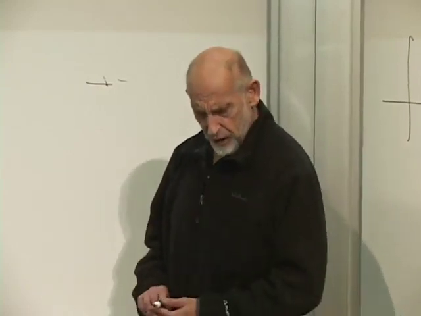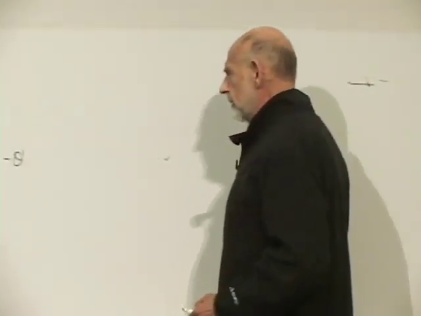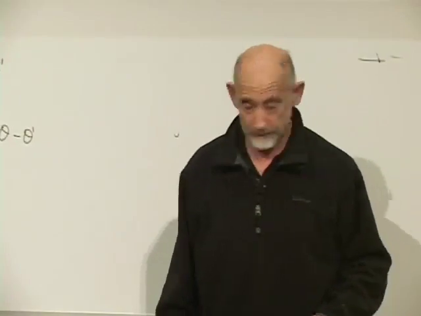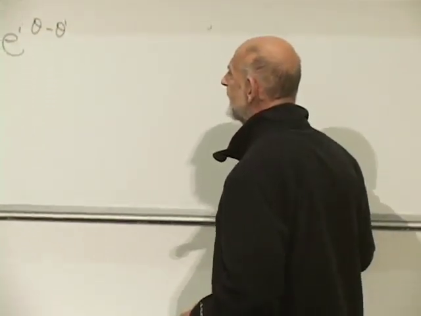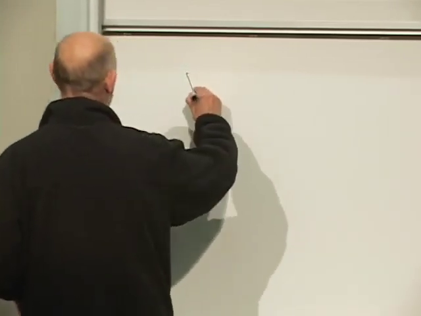Okay, let's do a couple of examples. I'm going to show you two interesting examples. Well, let's first check a couple of simple functions and see if it's really true. Let's take w equals z squared. That's a real easy one.